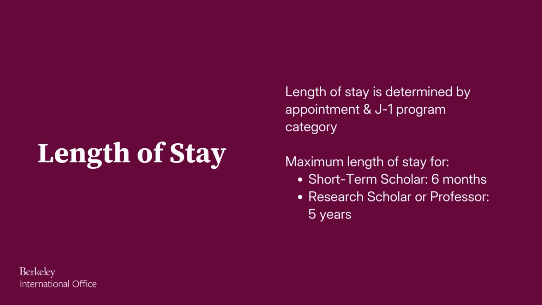Also important to know is that your length of stay in the U.S. is determined by your appointment and your J1 category. For example, the maximum length of stay for the short-term scholar category is 6 months, no exceptions, and both the research scholar and professor categories have a maximum length of stay of 5 years.